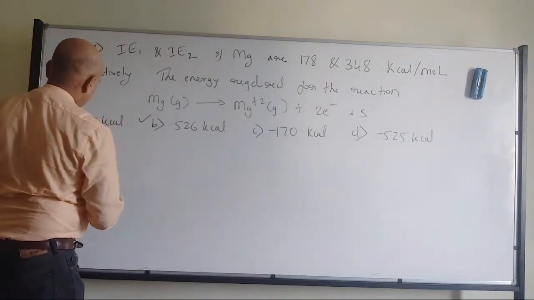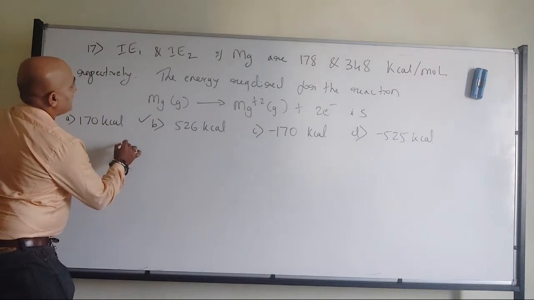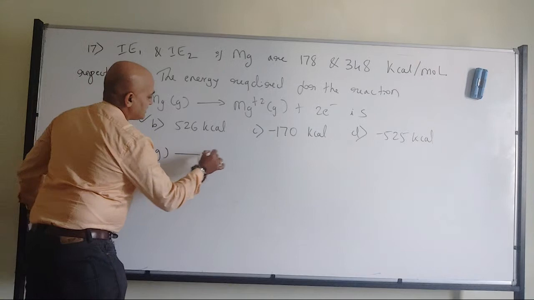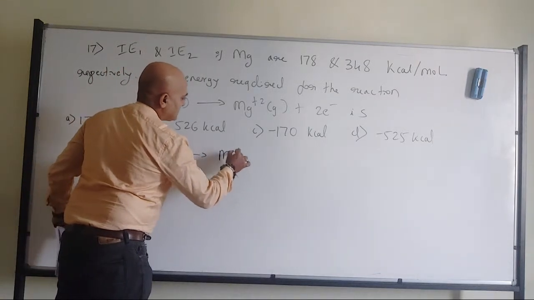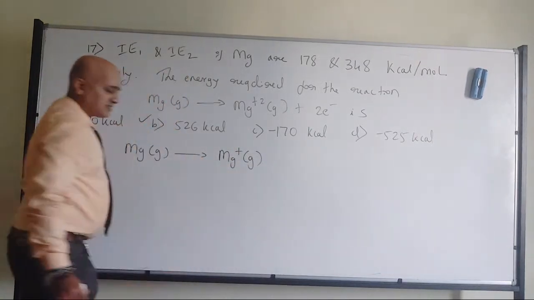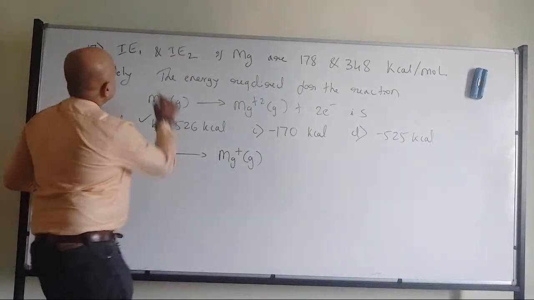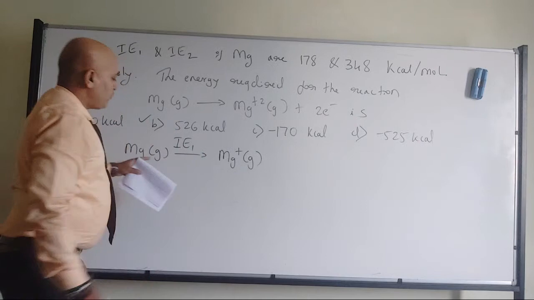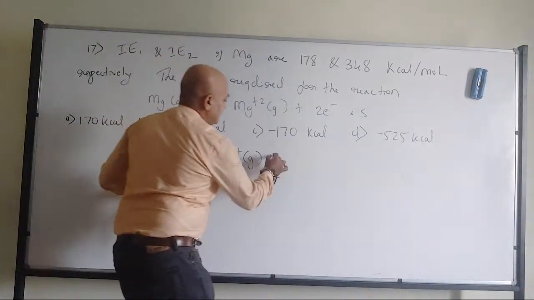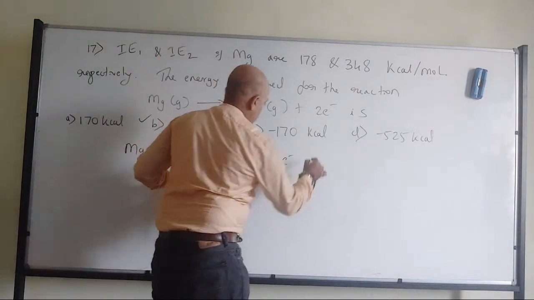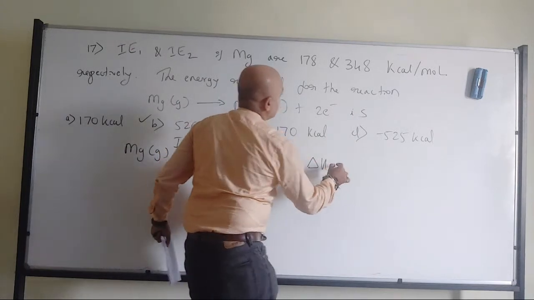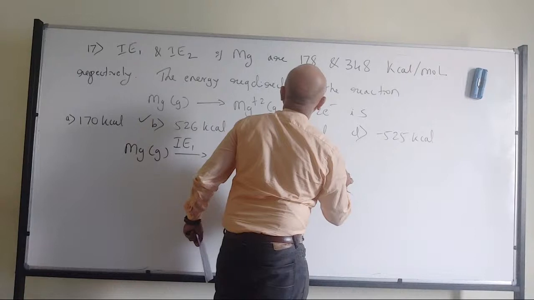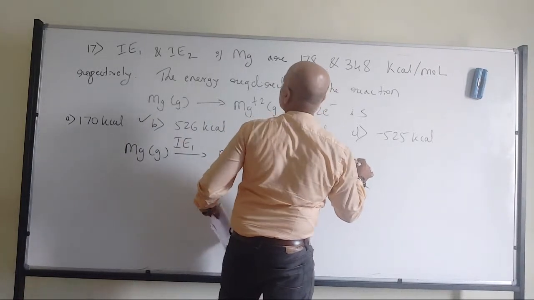That is because, say for example, IE1, that is magnesium, is in gaseous state and it is becoming Mg plus. Right? So that is nothing but IE1, ionization enthalpy 1, where one electron has been removed. So what is the value? Delta H, that is ionization enthalpy, how much have they given?